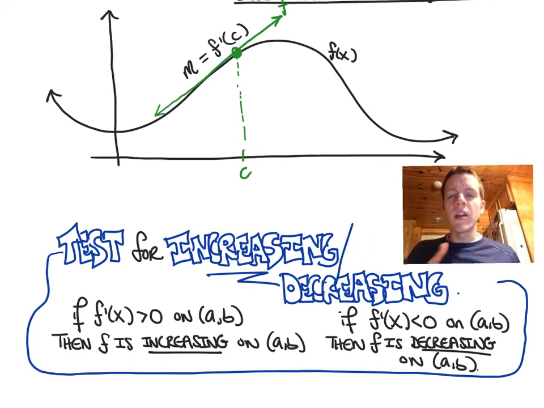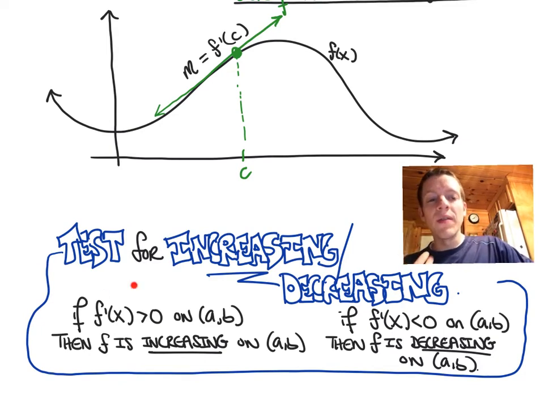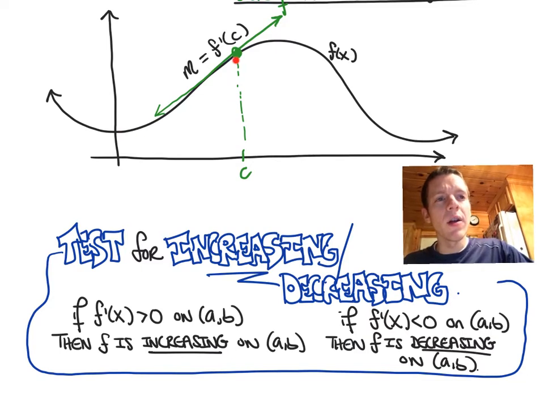Now this idea leads to a really important test that allows us to figure out when a graph is increasing or decreasing. Because the first derivative tells us about the slope of the tangent line, anytime the first derivative is positive on an interval, then f must be increasing on that interval. We've done some examples in the past on this. For example, up here, on this entire interval from, say, 0 to c, my slopes are positive.